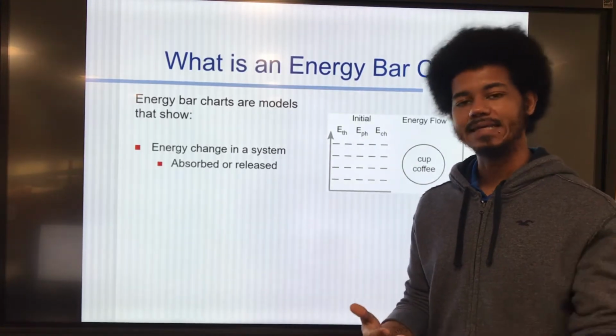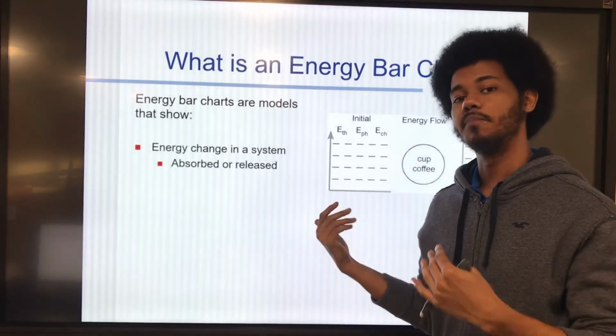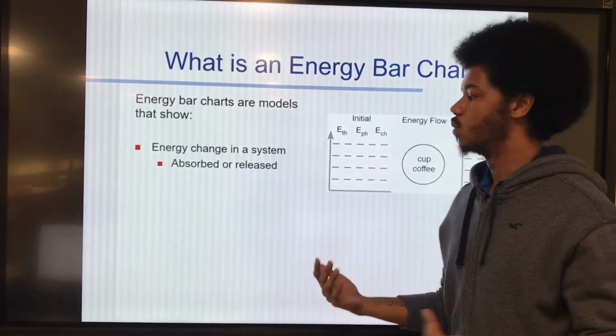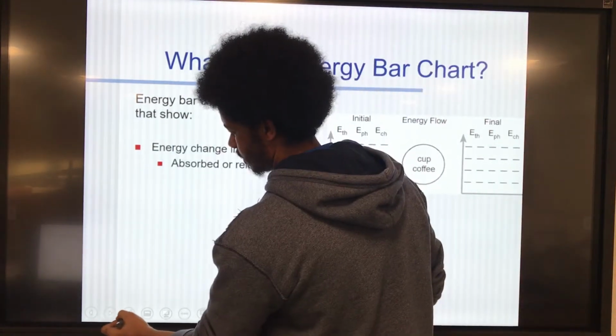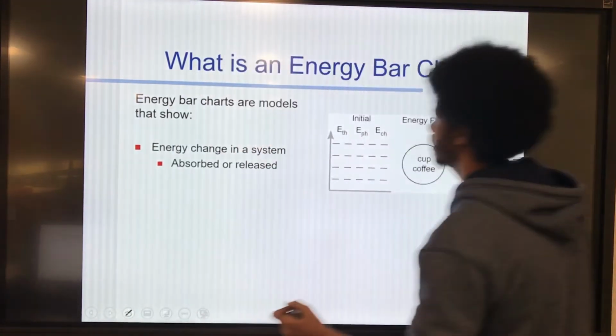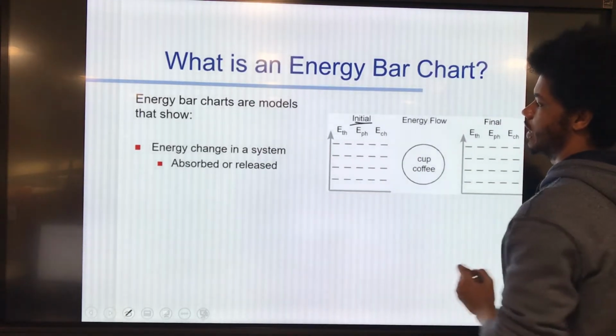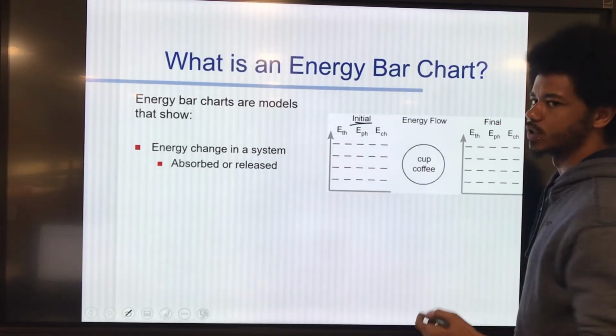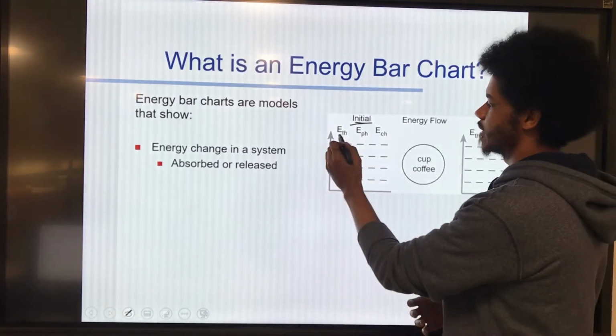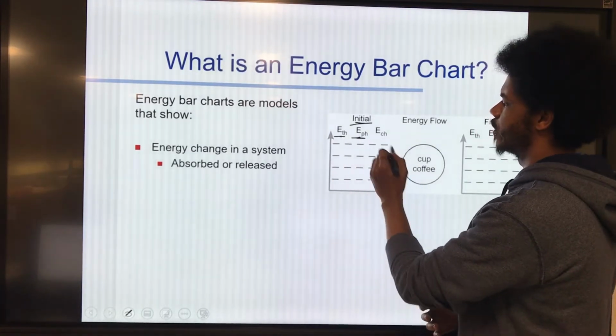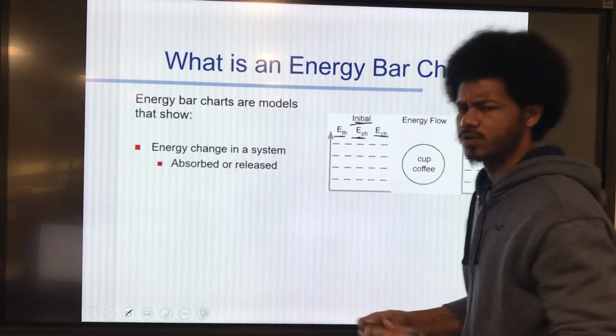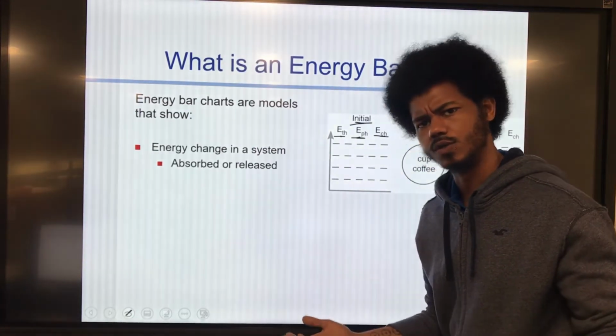So in any example where we're making an energy bar chart, we'll be looking at the initial energy, right? So what's going on for the temperature, the state of matter, or maybe even chemical energy, although we won't do chemical energy in Unit 3.